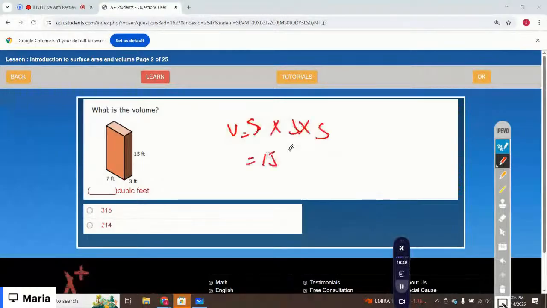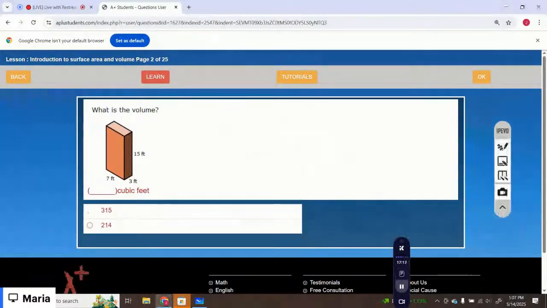So that is 15 times 3 times 7. So which is the correct option? 15 times 3 times 7 is 315. So option number one is the correct option. That is 350.